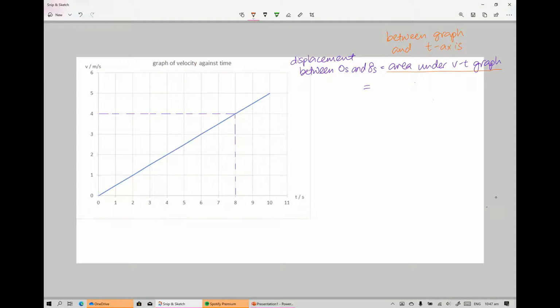So you'll be between this and this, the one I drew in orange, between these two lines, and from 0 seconds to 8 seconds.